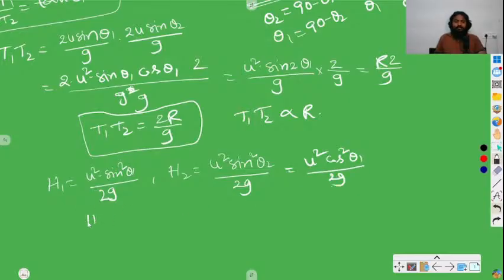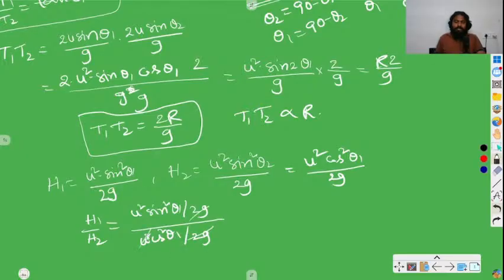Now if I do h1 by h2, then I will get u square sine square theta 1 by 2g by u square cos square theta 1 by 2g.